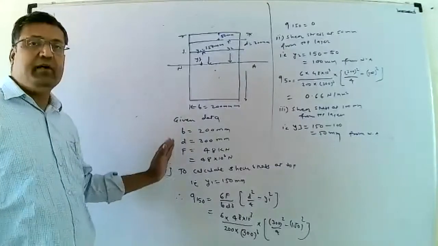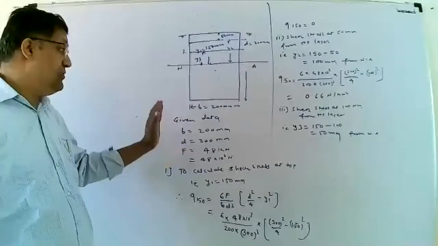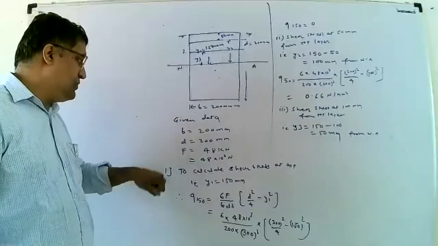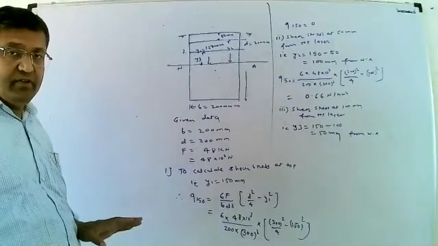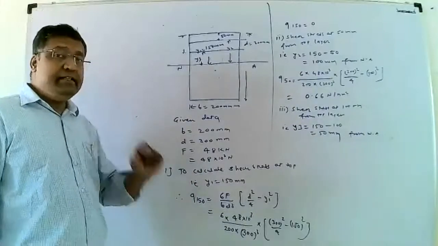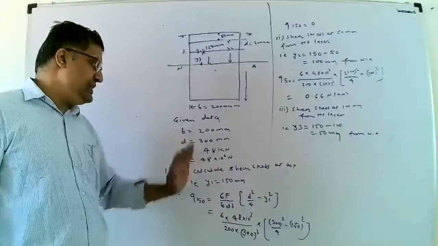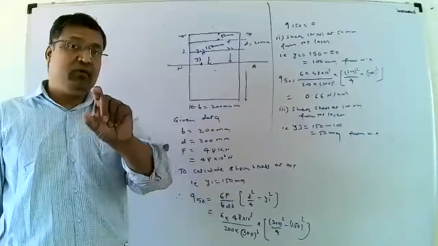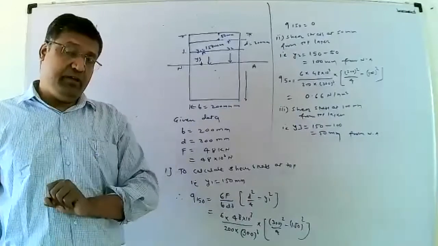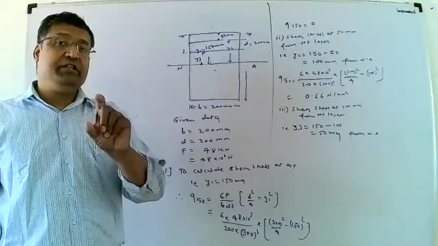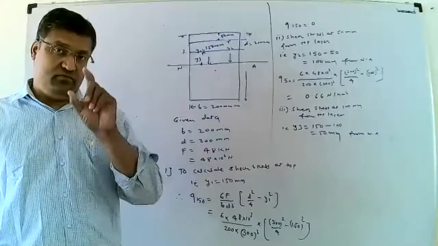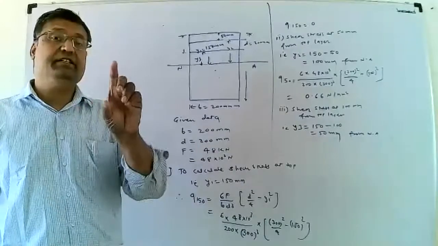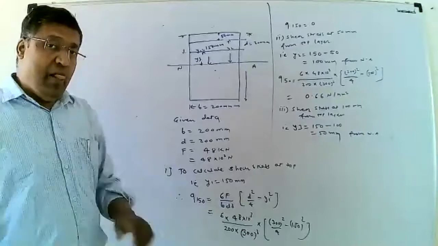First, whatever data is given: a rectangular section having width, depth, and shear force is provided. In this problem, first we calculate shear stress at the top, that is y1, that is 150, because the depth of the rectangular section is 300 mm, and from the neutral layer that distance is 150 mm, meaning the distance between the top layer and the neutral layer is 150 mm.